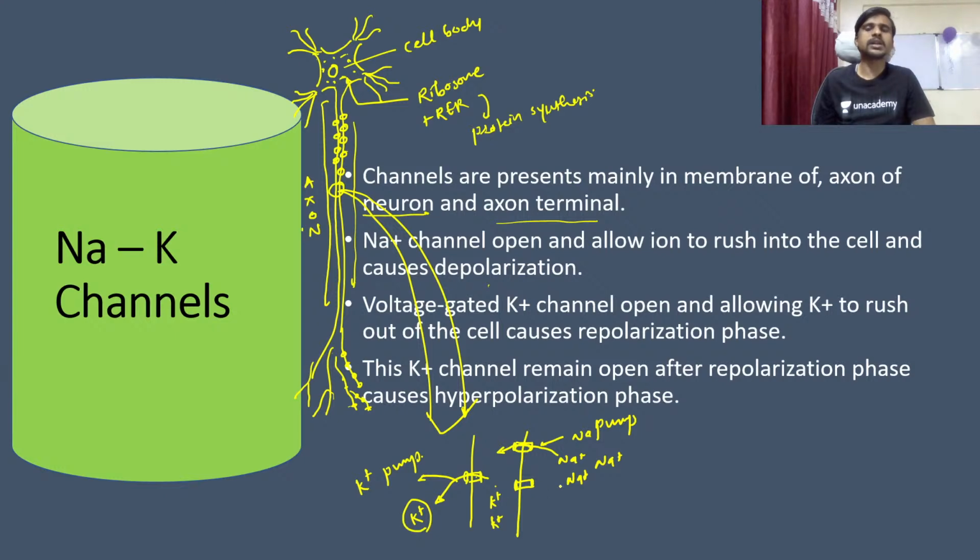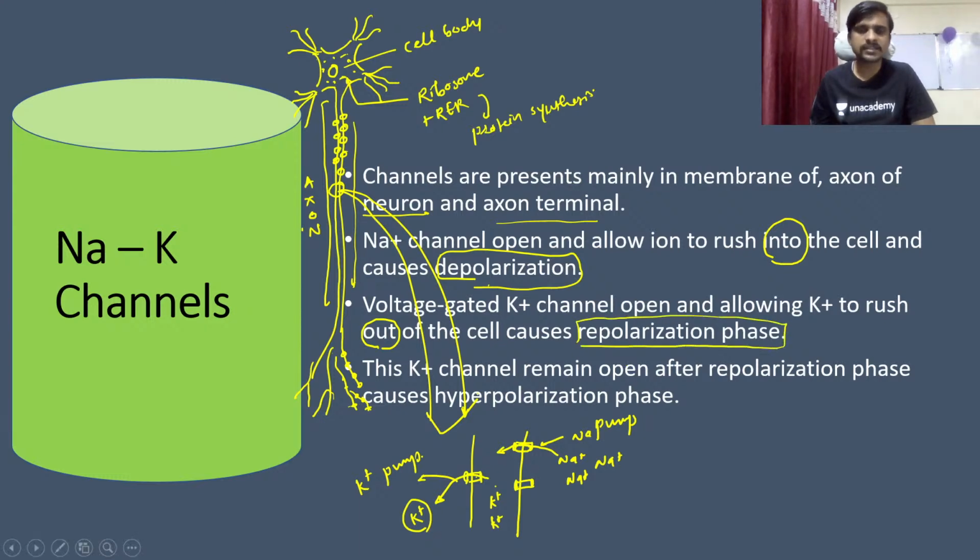K plus is rushing out and sodium is rushing in. So sodium is responsible for the depolarization and the potassium pump is responsible for the repolarization phase. This K plus channel remains open after the repolarization.